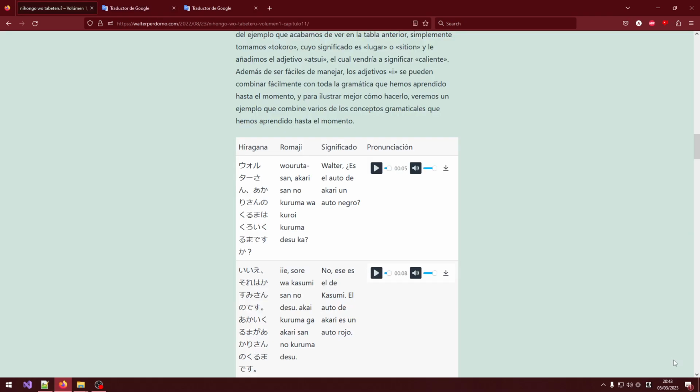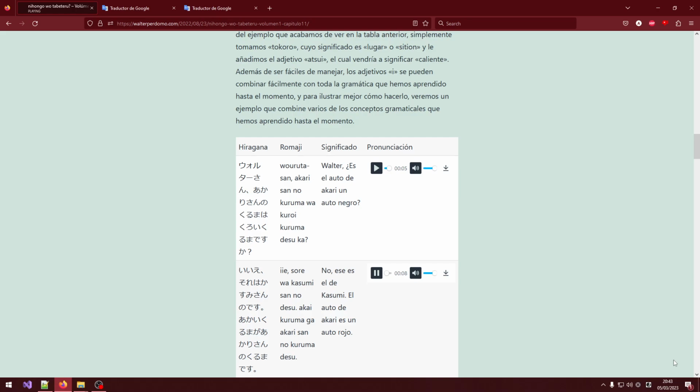The particle ga is used to switch between topics. I guess we can call it, to emphasize that that is not the car of Akari. So we're going to talk about the red car, akai kuruma, right? Akai, red. So yeah, the red car is actually Akari's car.